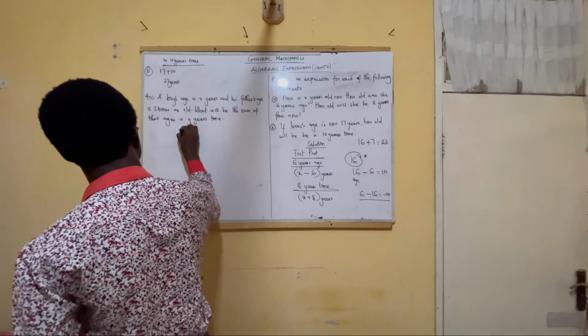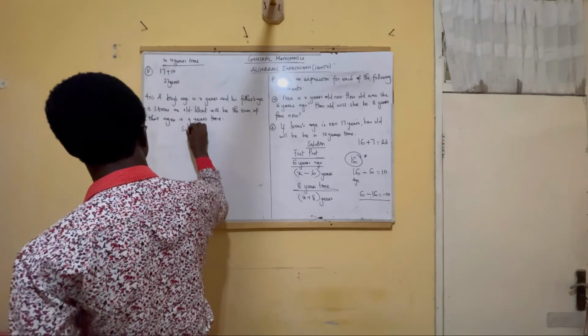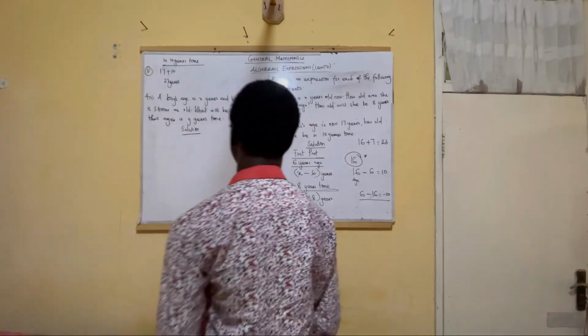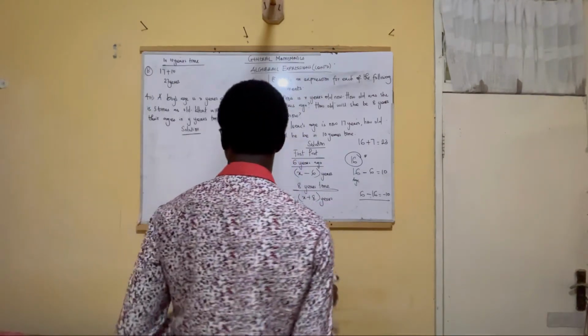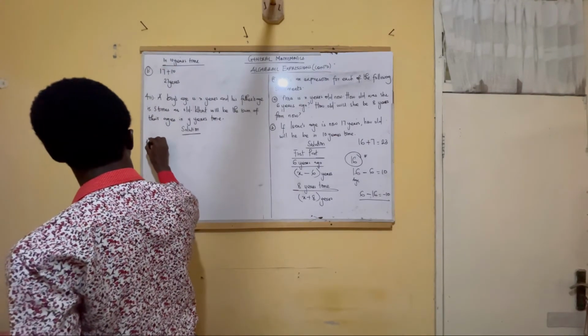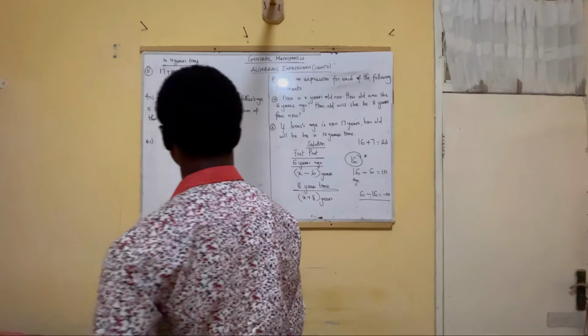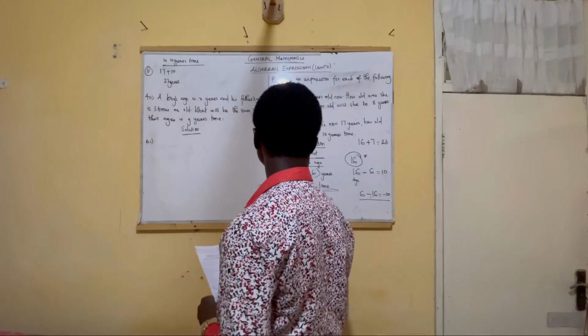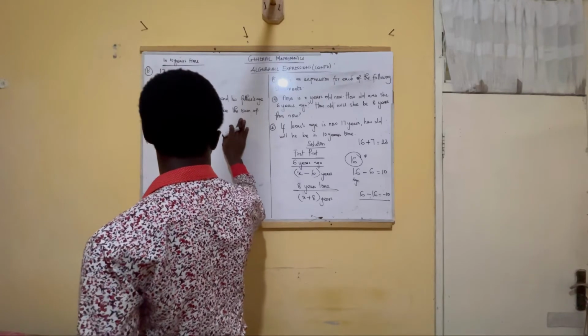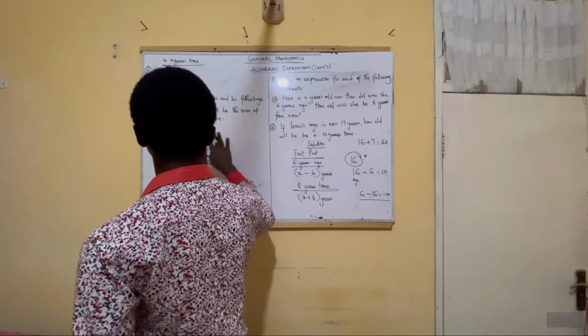Okay, so solution. If you understand what we've done so far, then this will challenge your understanding skills. A boy's age is x years and his father's age is 5 times as old.